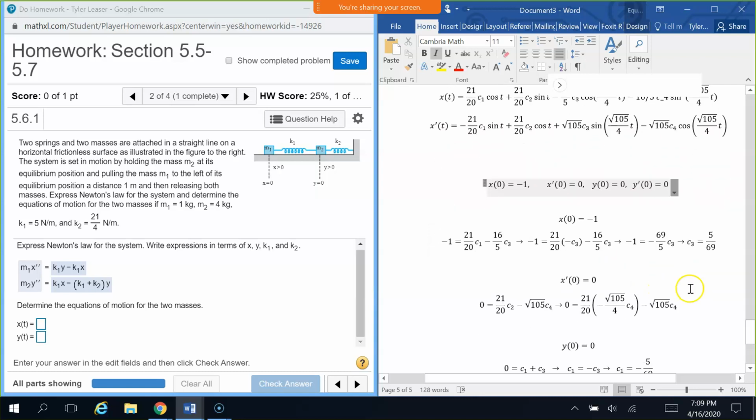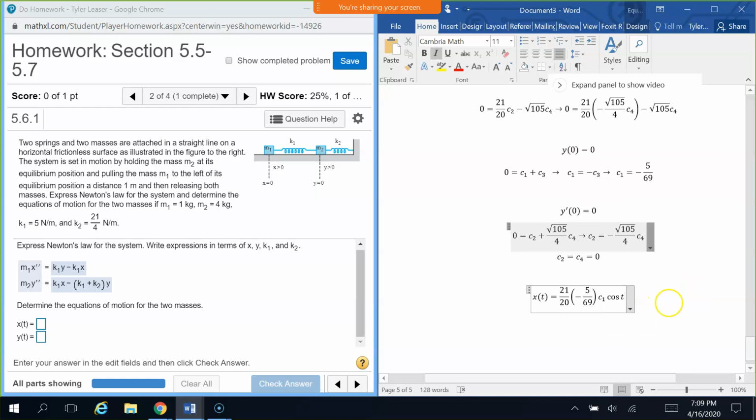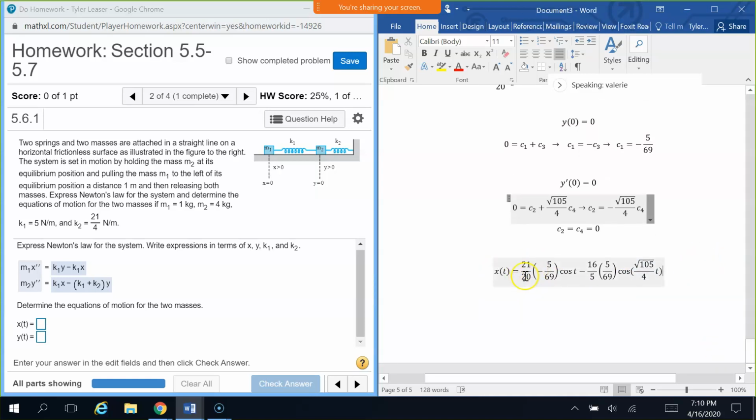So minus 16/5 positive 5 over 69. Oh no, sorry, the C3 is gone. And the C1 should have been gone too. Cosine of, this was the square root 105 over 4 t. Great. So that's x. We can multiply these fractions together.